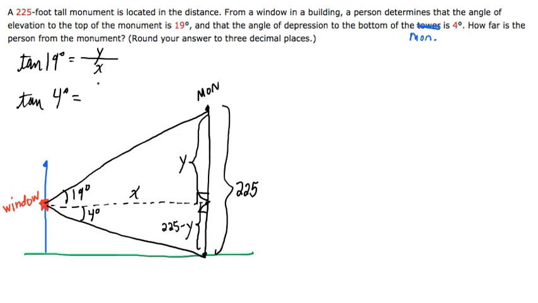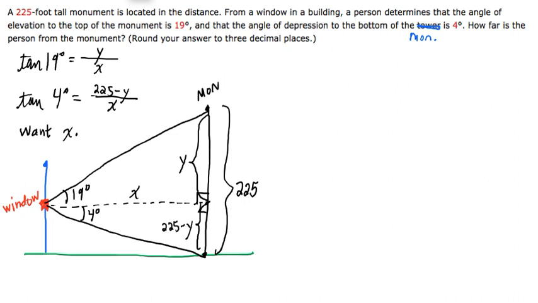The opposite side is 225 minus y over its adjacent side, which is x. And the goal is to solve for x, right? We want to find how far is the person from the monument. And I'm assuming that that means direct distance. We're not counting how high they are up in the building. Okay, so we want to solve that for x.